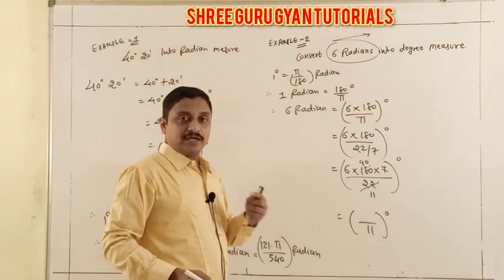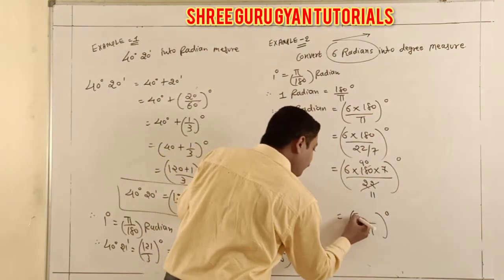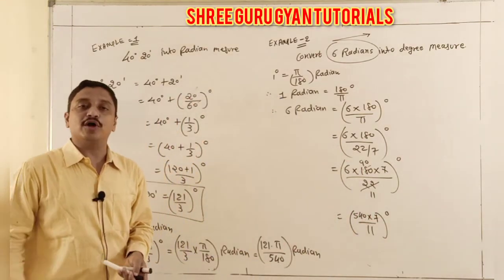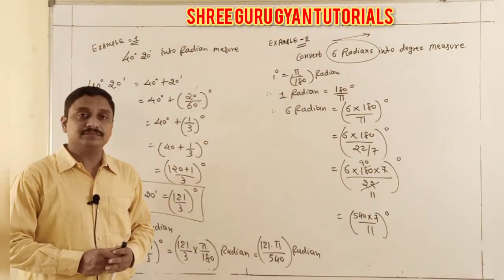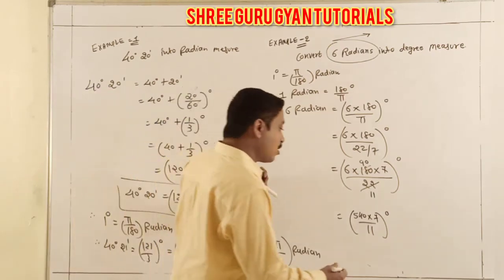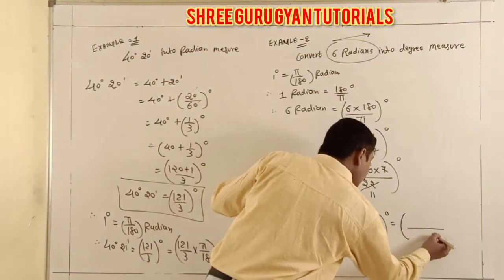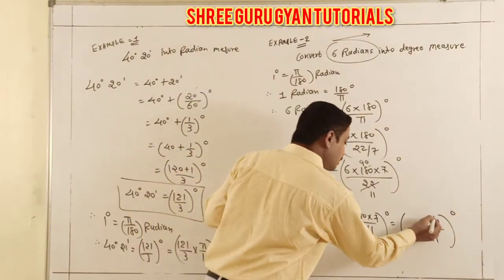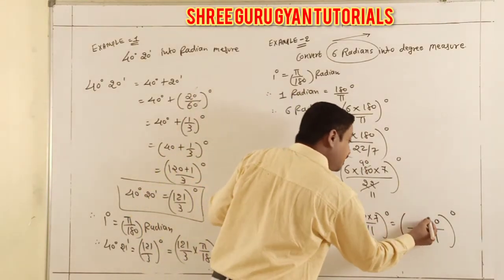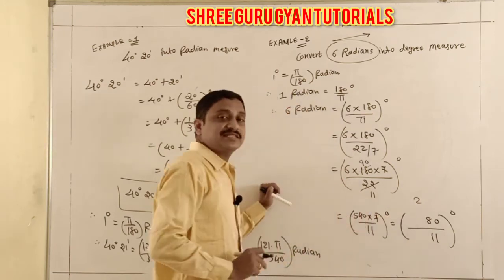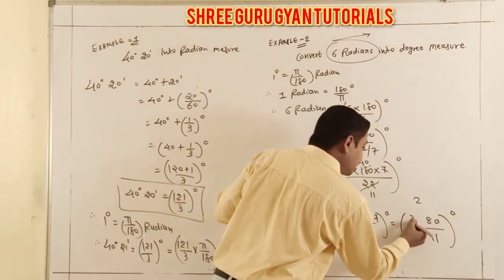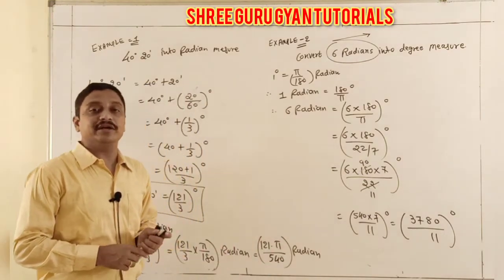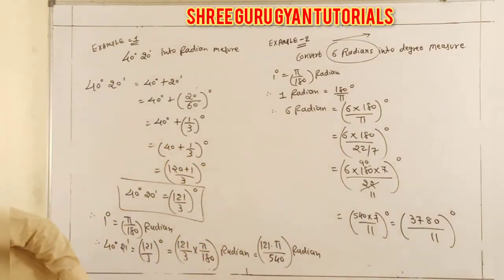This 6 into 90 is 540, into 7. Now this product value is applied with 11, divide the same. Here 0 first. 7 fours are 28, 2 carry, 7 fives are 35, 37. So 3780 by 11 degree, this is our value.